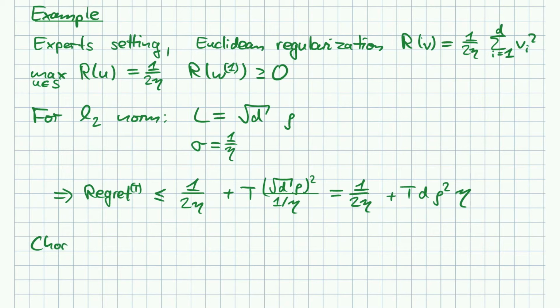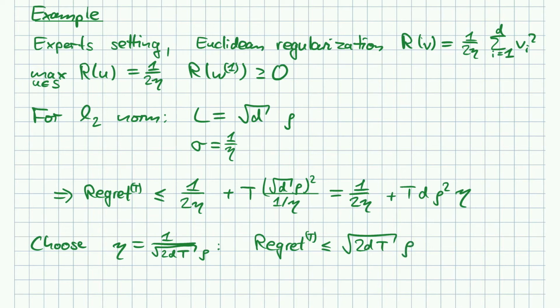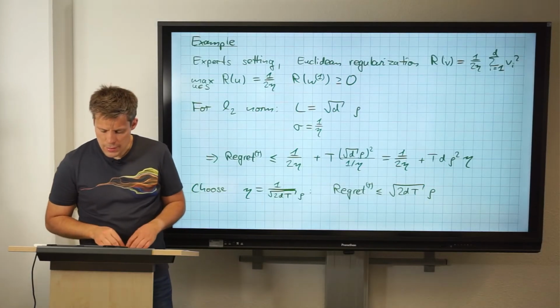So if we choose eta to be 1 over the square root of 2 times d times T, with a rho outside the square root, then the regret will be at most square root of 2 times d times T, and outside the square root we have a rho.